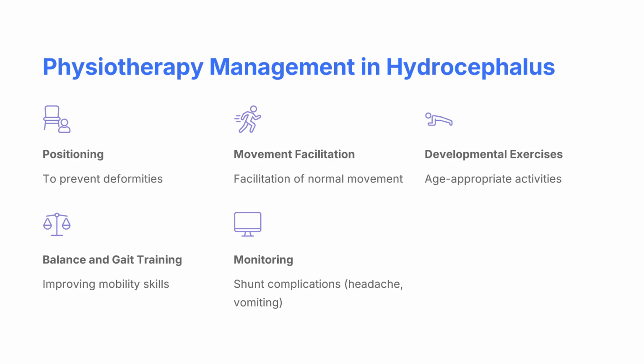Constant monitoring should be done for shunt complications as well, like headaches and vomiting during the program, and we should educate the parents that if they observe these symptoms, we should be notified, and the therapist would communicate with the treating doctor.